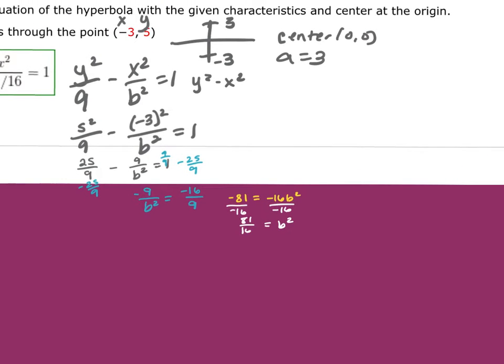So then my equation is y squared over 9 minus x squared over 81 over 16 equals 1. Good? Yeah, okay.